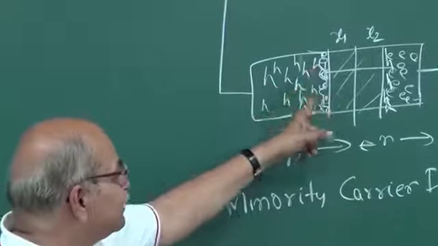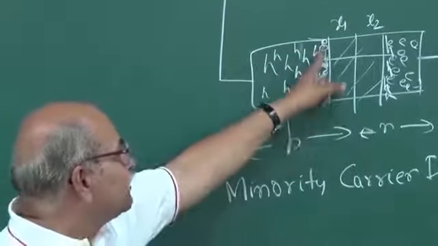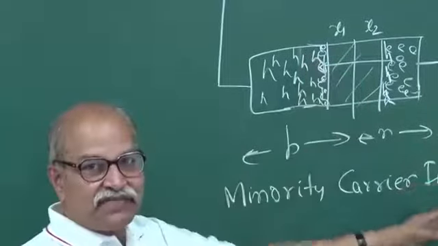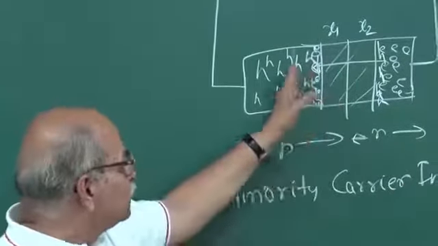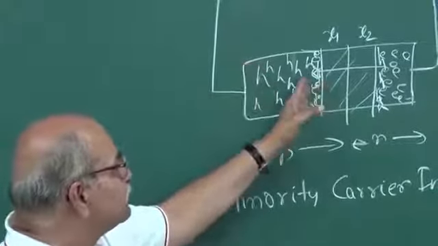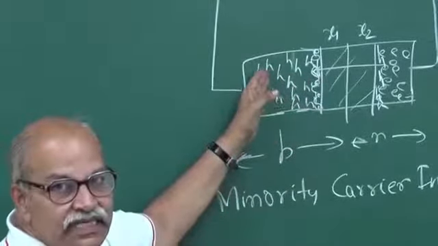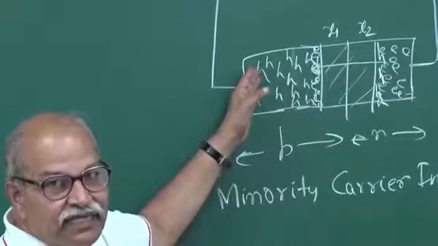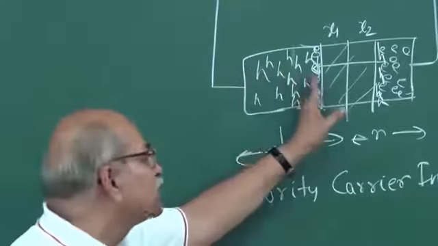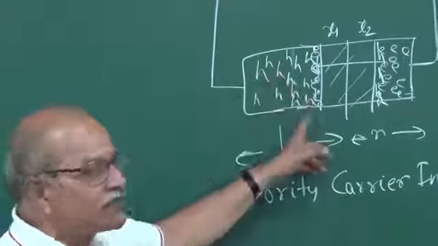So for these electrons, for example, you have a large concentration here because of this diffusion, because of this injection, and as you go away from the depletion region you have very few minority carriers. So you have a concentration gradient once again, and therefore there will be a diffusion of these carriers.